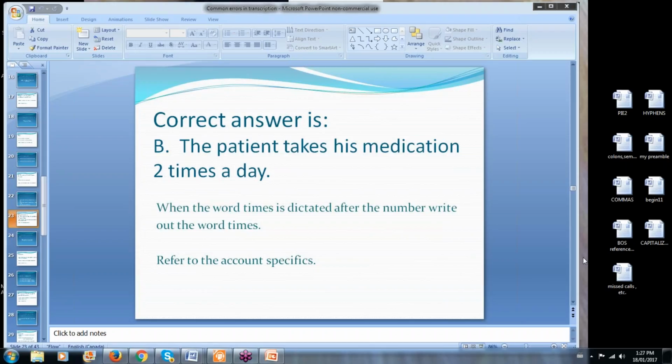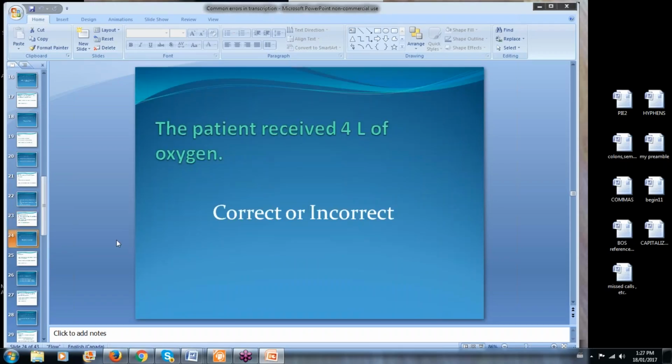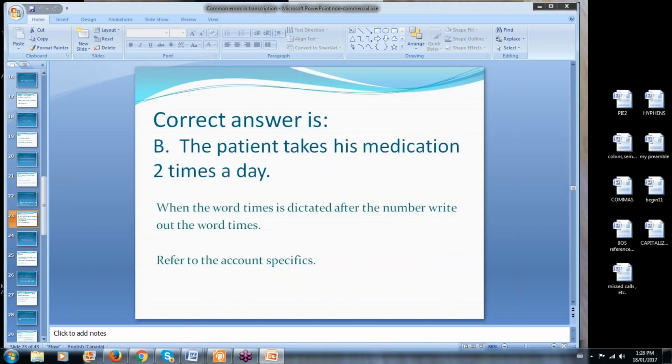That's right, Jennifer. That is correct. Okay, the patient received 4 liters of oxygen. Is this correct or incorrect? It's an example of the X being before the number. I showed you an example just a second ago.